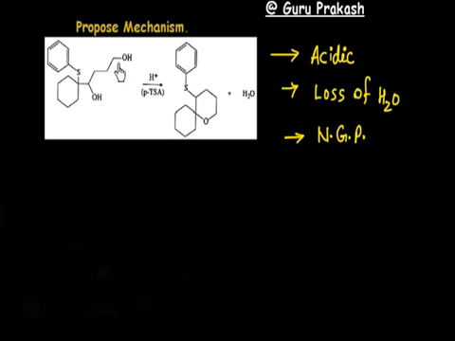Now you see, if I make a carbocation here and if I try to attack this oxygen, what is the size of the ring? 1, 2, 3, 4, only a 5 membered ring I will have. But now you also see this oxygen. If I take this oxygen as a nucleophile, so one of the OH is acting as a nucleophile, you can say the primary alcohol is acting as a nucleophile.